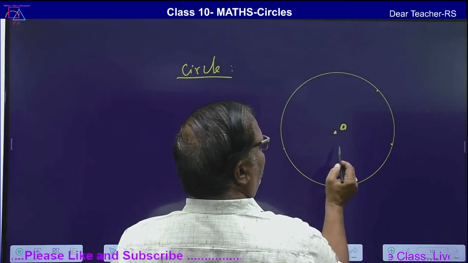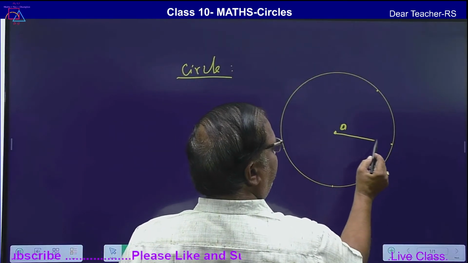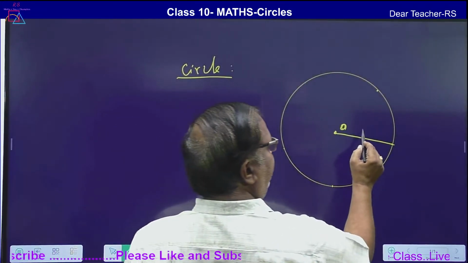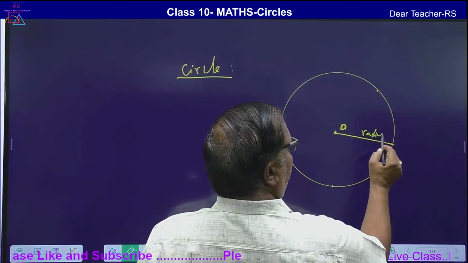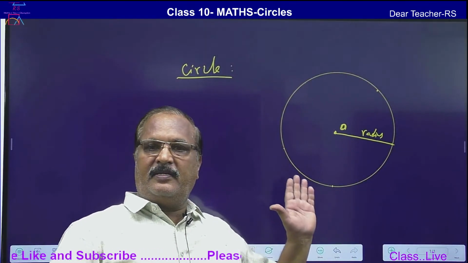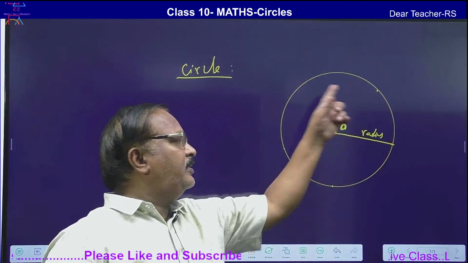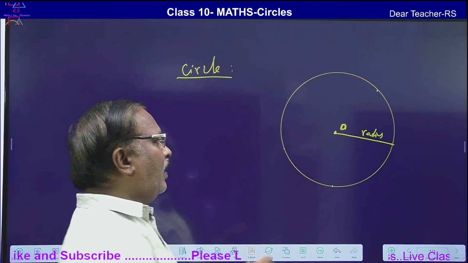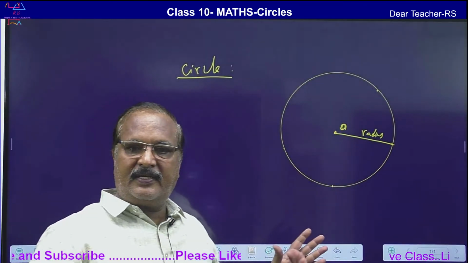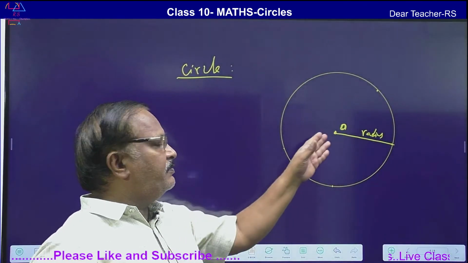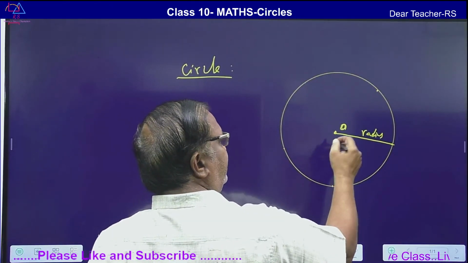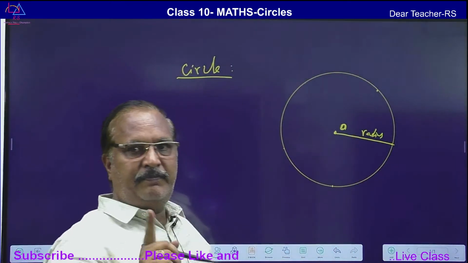If you join the center and any point, you will get a radius. That means the radius is the line segment joining the center and any point on the circle. All the points on the circle are equidistant from the center, at equal distances. That is why the radius you draw anywhere is the same.